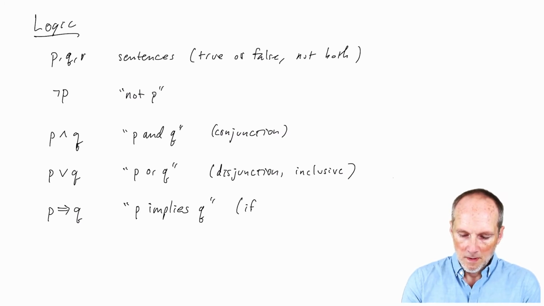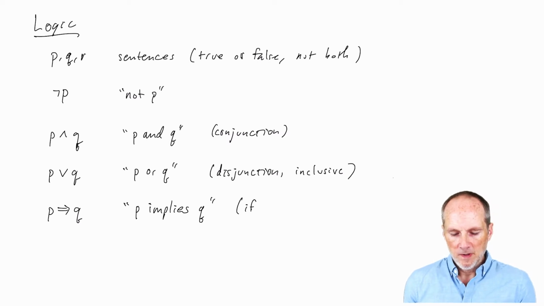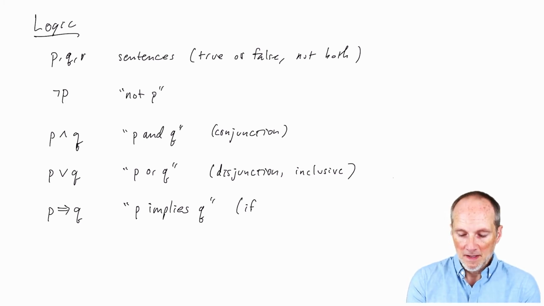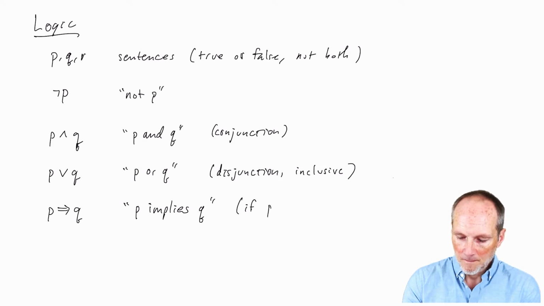Well, in ordinary language, we don't really have a set rule for that, but in logic, we have to make sure that these are completely precise. And so we just adopt the convention that if P is false, then the conditional statement is true.